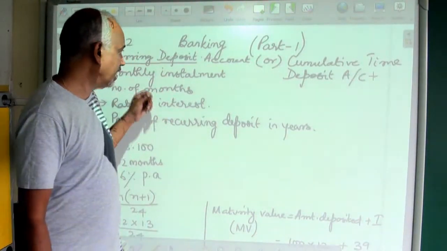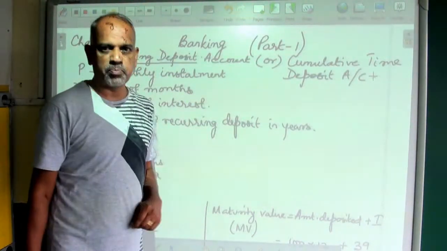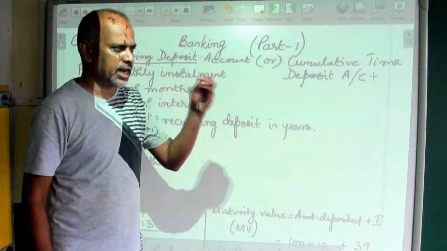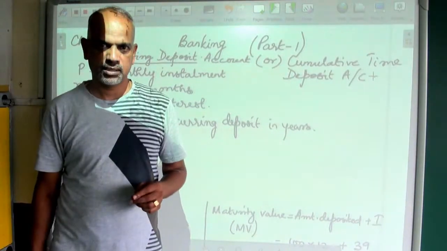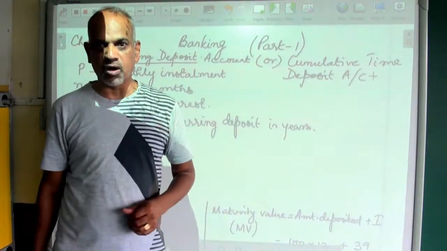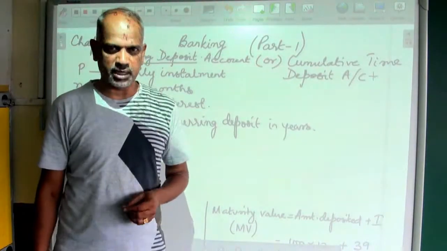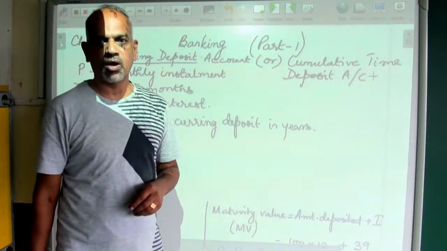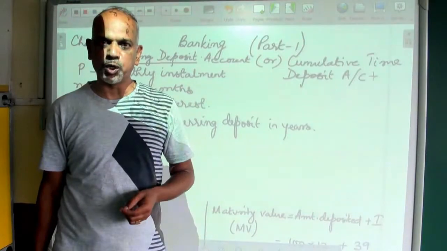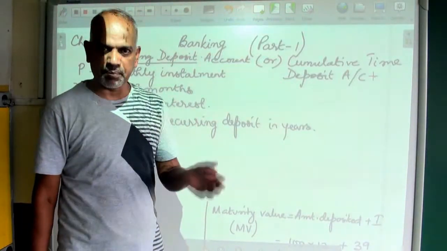Now, as I said, every month you have to deposit some amount. Like say for example, every month you want to deposit rupees 100. So this is the month of August. You started the account in the month of August. So first deposit will be in the month of August. Next deposit of 100 rupees you will do in the month of September.